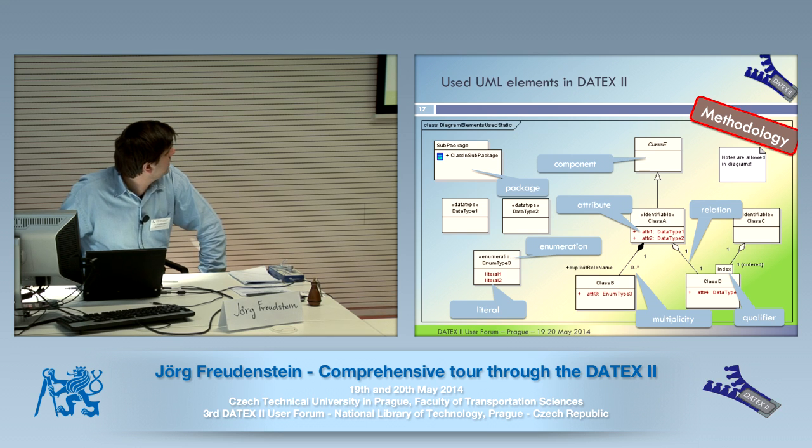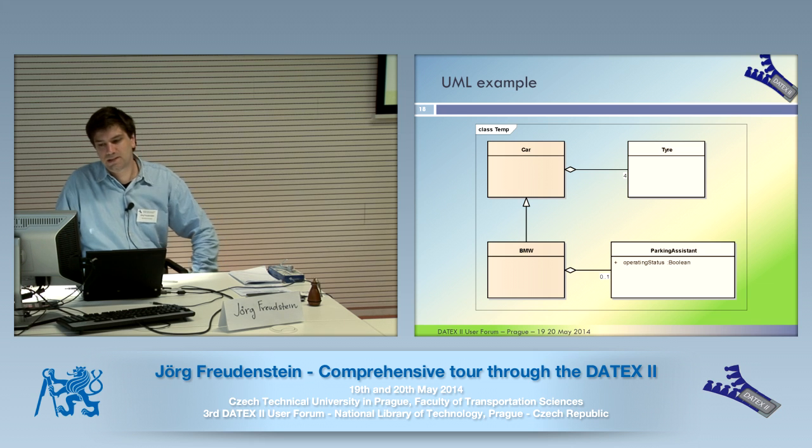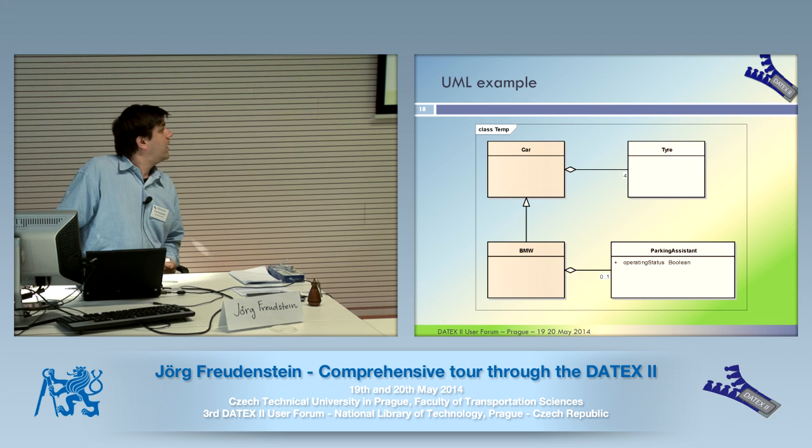An enumeration, of course, consists of literals. And in the classes, you will find attributes, of course. So a very small example on the aggregations: you might think of a car, and a car has got 4 tires, usually. So we have the multiplicity number 4. That means a car has got 4 tires.